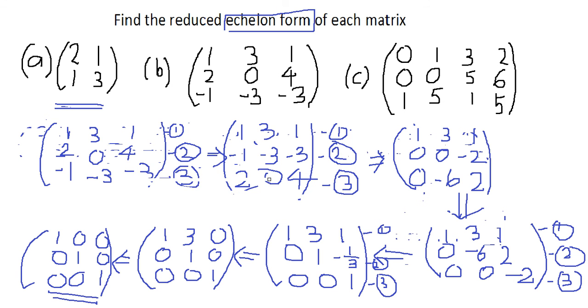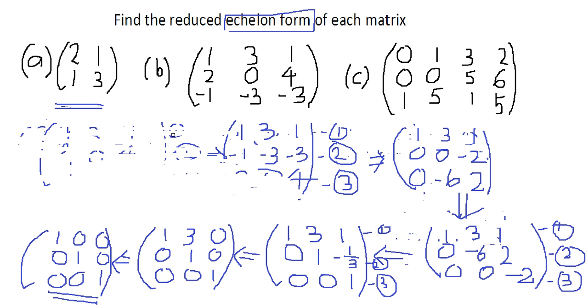Now let's go on with the last example. This is unique because it has more columns than rows.